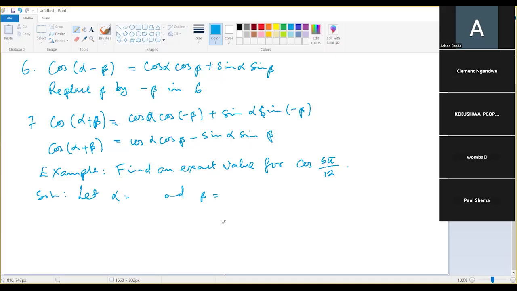Right, so what we are going to do is find standard angles. So you said 75 degrees. Let's find two angles which are standard that we are going to add for us to get 5 pi by 12 or 75 degrees. What are those angles? Okay, so you have 30 degrees and 45 degrees.